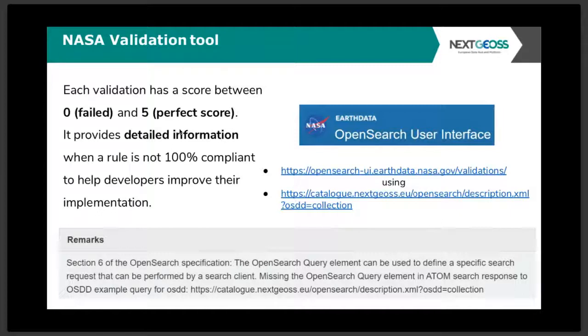On the bottom of this slide, I have an example of a failed validation, and it gives you specific information on where you should find more information on how you can solve this.